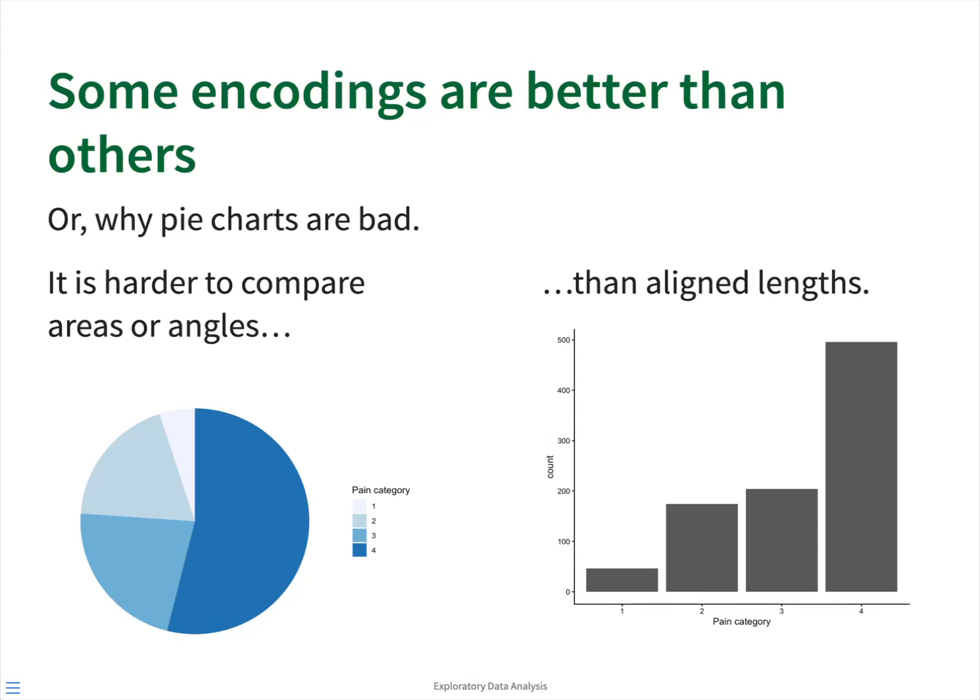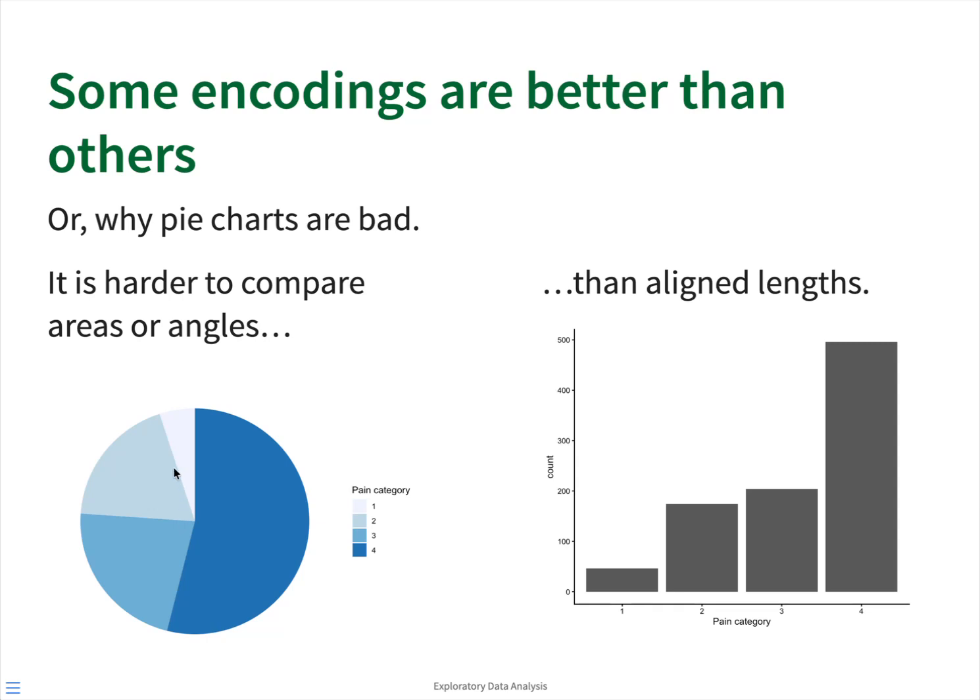Now, one thing to note here is that some kinds of encodings are better than others. In other words, as humans, we can more easily interpret and compare them and get information from them. We mentioned before that we could use areas and angles to represent quantities instead of the aligned lengths that we've been looking at in histograms and bar graphs.